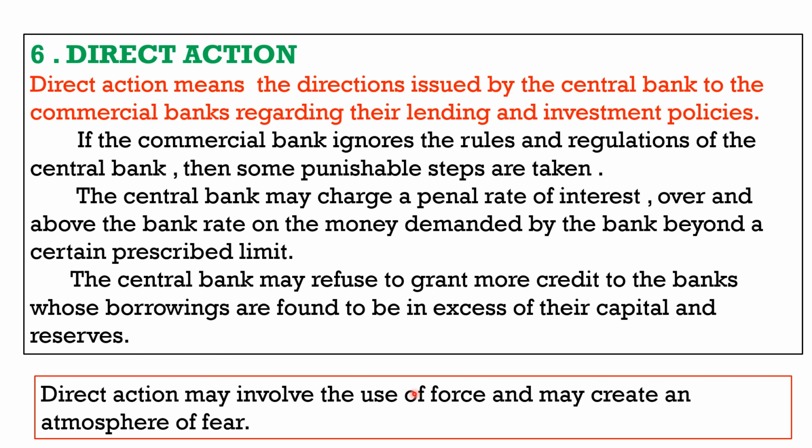That is obviously there. If you charge a penalty on someone, they may fear a little, but this is very important to maintain dignity and to educate the commercial banks that you have to follow RBI. RBI is working for the benefit of the nation, for economic stability, always for commercial banks and of course for the public and for the country as well, right?